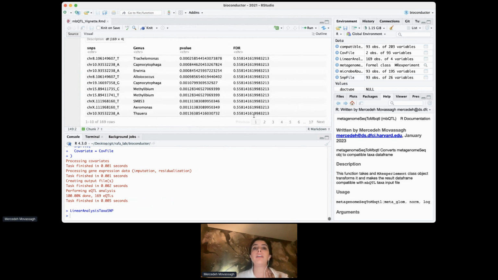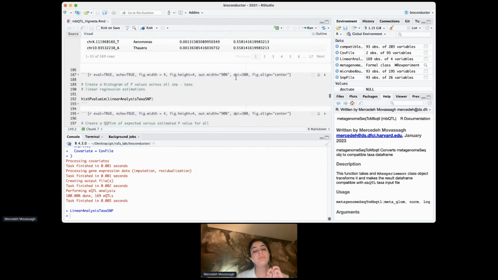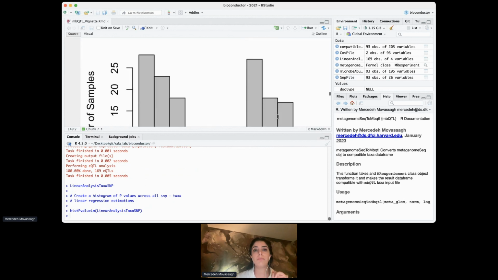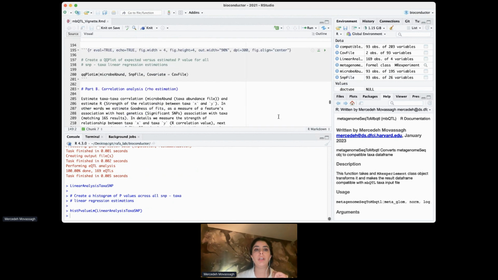Keep in mind that mbQTLs are just very hard to get to specific significance. A lot of times, unless your data is completely associated, it's very hard to get a very significant FDR out of this data. And so you can draw histograms for the p-values.